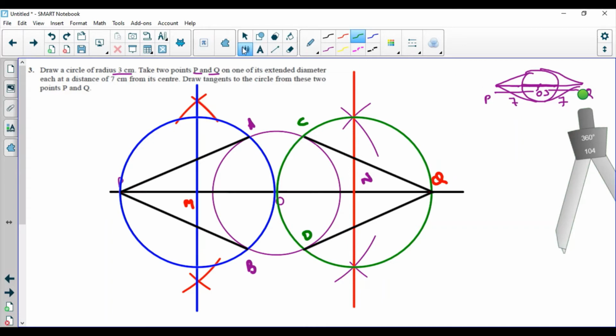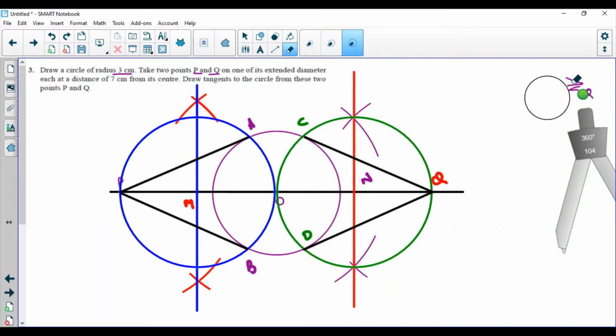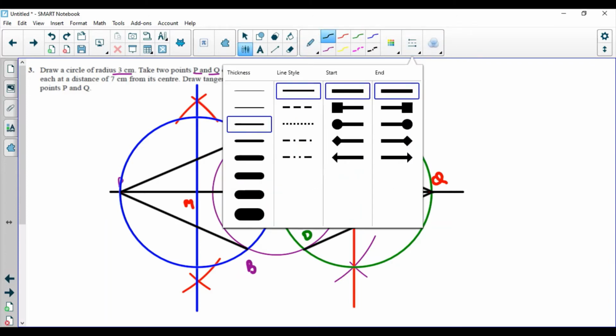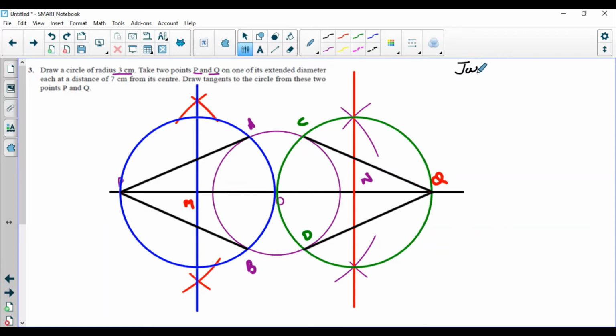Okay. Now for justification, we can write justification. See, if we consider this one, OA and OB, OC and OD, they are in semicircles, so they will be 90 degrees.